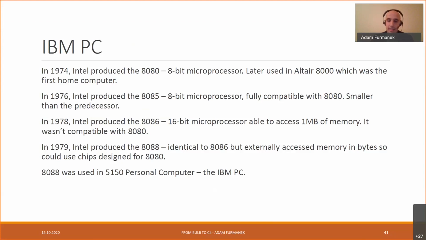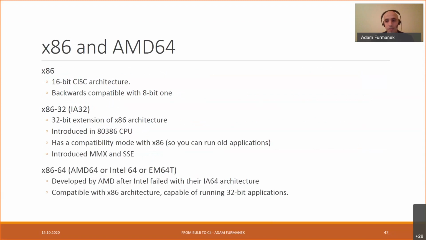And this 8088 CPU was used in the thing which we call the personal computer, the PC, which was the 5150 personal computer built by IBM. So this is how these things started, and around 1979, 1980, we finally had an architecture we could build upon and maintain backwards compatibility, and this is where the x86 and AMD64 architectures come from.